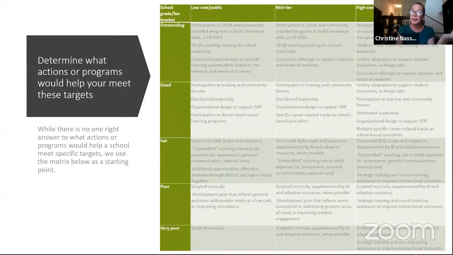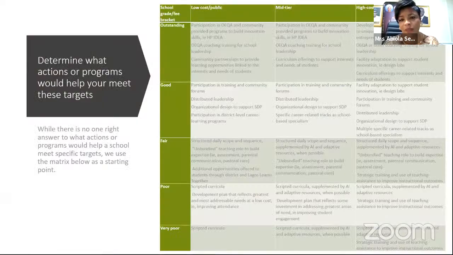Other schools may not be able to support that, but they may be able to use scripted curricula and target the use of that curricula to assessment data, for example. So this will be available for you to reference, again, on Legos Learns Together.